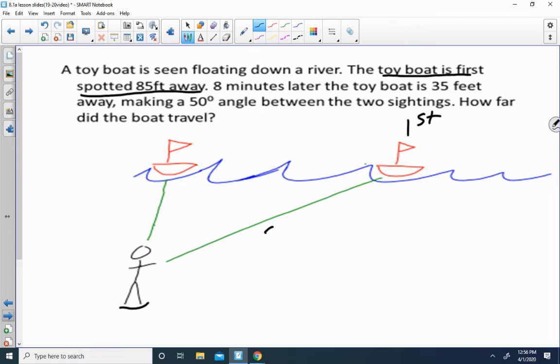And he currently deduces that this boat is 85 feet away. I seriously have no idea how he found out that the boat is 85 feet away. I'm guessing he has an app or something. He's either that or he's one smart cookie. Anyway, so from him to the boat, from when he first sees it, is 85 feet away.